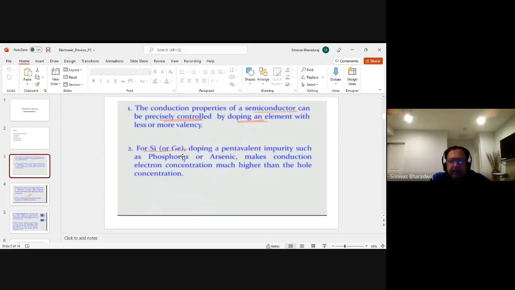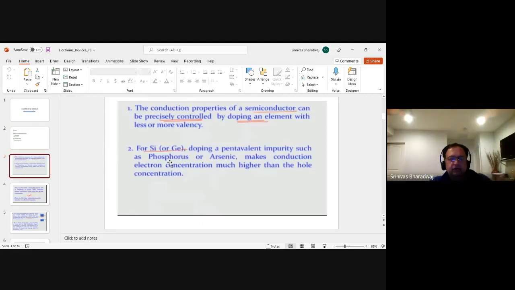Now, the type of doping: you can use N-type doping or P-type doping. P-type is deficient in electrons, and N-type has an excess of electrons. Phosphorus or arsenic is typically used to increase conduction of electrons, because there are more electrons.